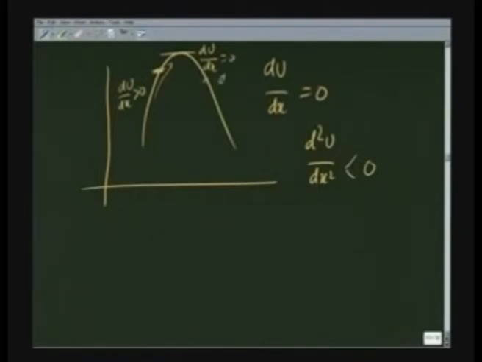Similarly, on this side du/dx is less than 0. So if I were to look at the force F(x), which is equal to minus du/dx, you can see that on both sides the force would be pointing away from the maximum.